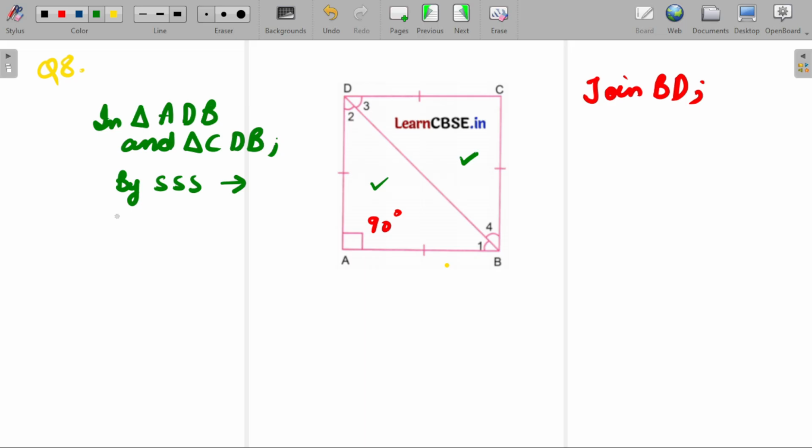The triangles are congruent, and by CPCT, angle C is equal to angle A, which is 90 degrees. And how is the SSS criterion applied here? Just check it out. Okay, do it yourself. By SSS criterion, I get to know angle C and angle A by CPCT are 90 degrees.